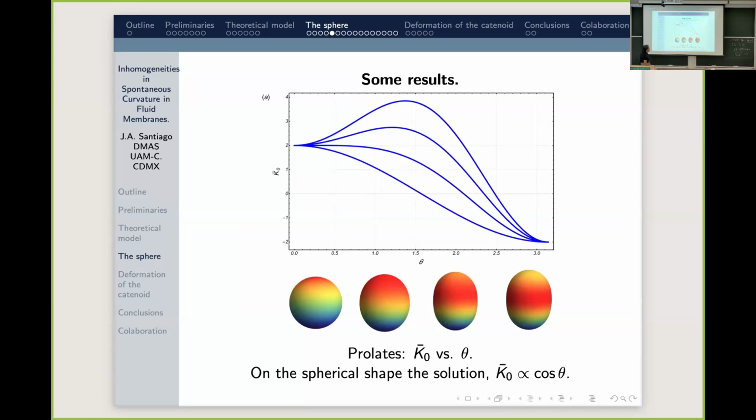If we deform the surface in this way, the spontaneous curvature behavior is shown here.